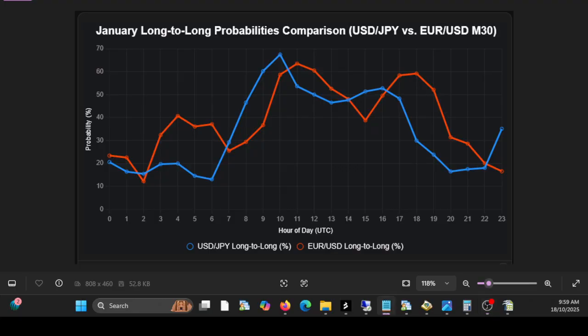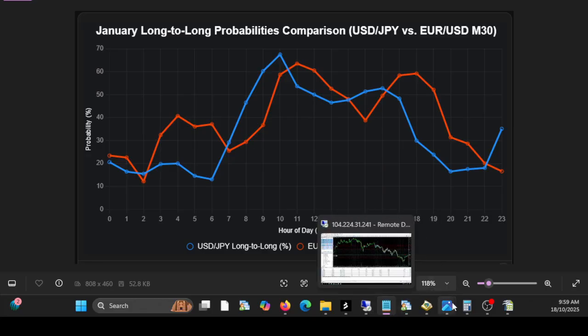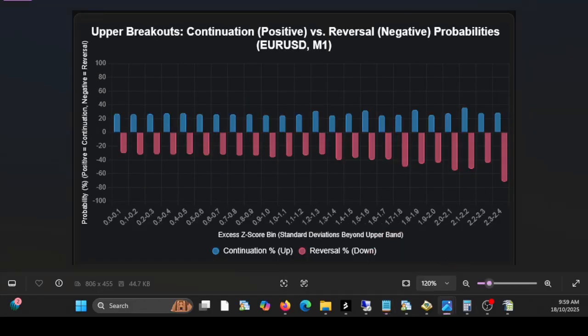Okay, so here's a critical tip. The probabilities are tied to time. Let's say your Bollinger Band strategy targets a 10 pip move on a 1 minute chart. If you let the trade run past 10 pips, your probabilities go out the window. The further you go, the more random it gets.